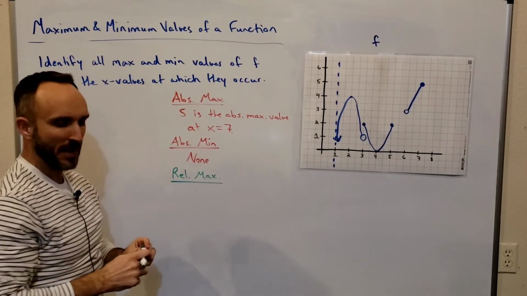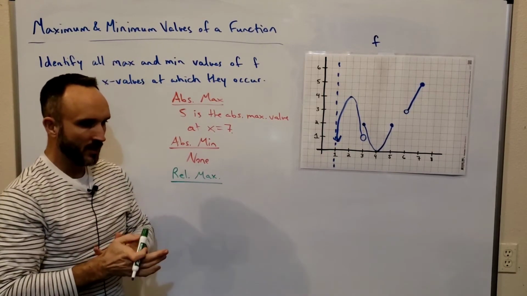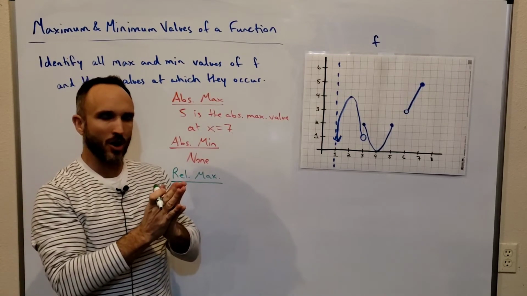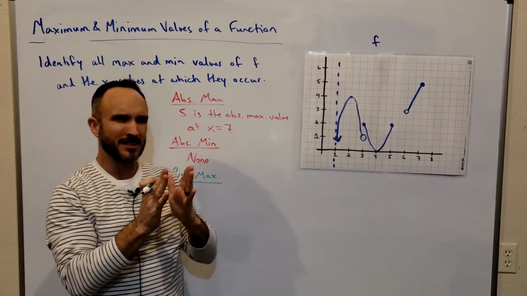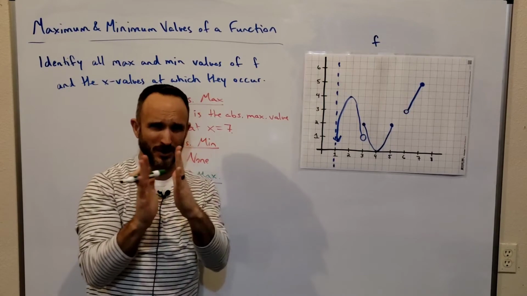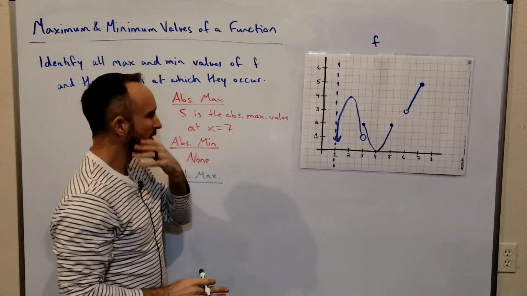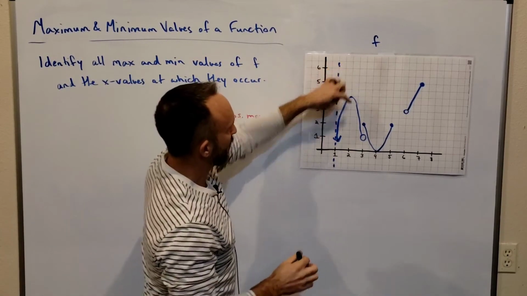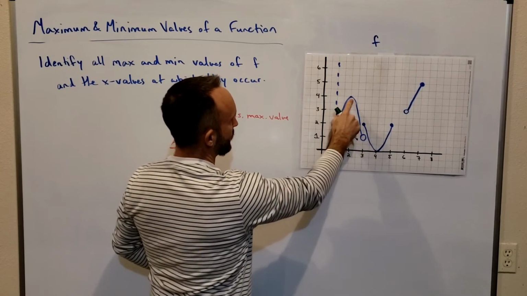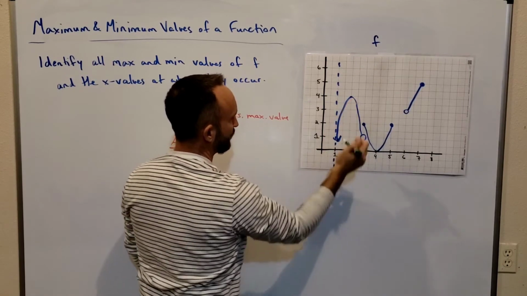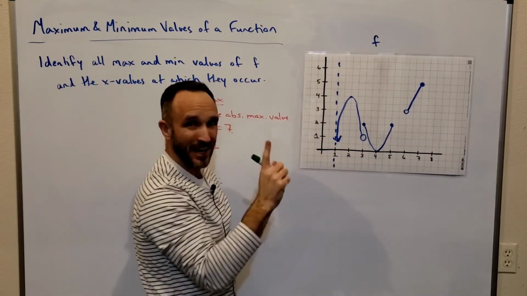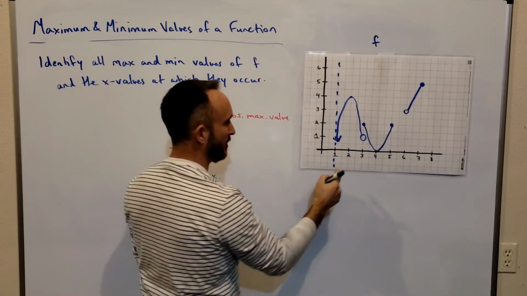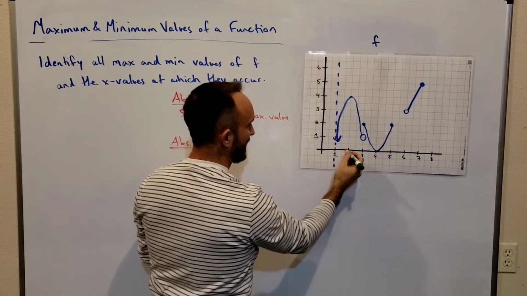So a relative max is a y value that's higher than all the other y values for points that are close, from the left and the right. For example, this point right here at (2, 4): the c value we're talking about in this case is 2.